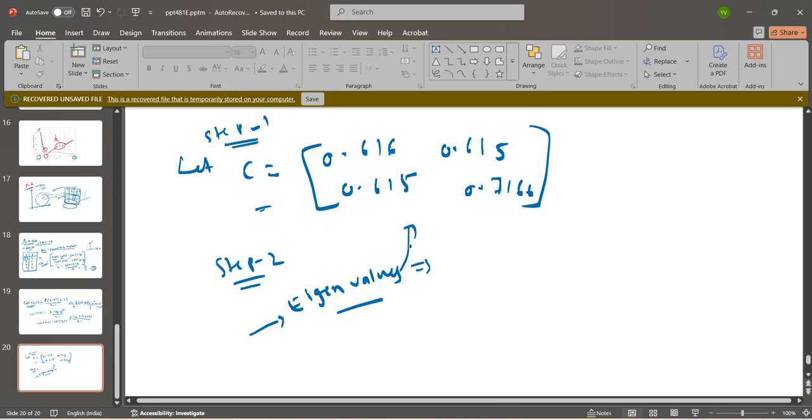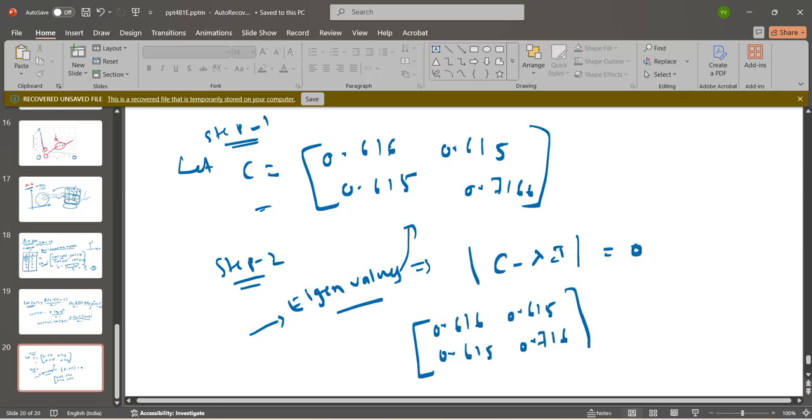If you forget how we calculate it, it is simply determinant of C minus lambda I equal to 0. C means this particular matrix: 0.616, 0.615, 0.615, 0.716, minus lambda into the matrix 1, 0, 0, 1.